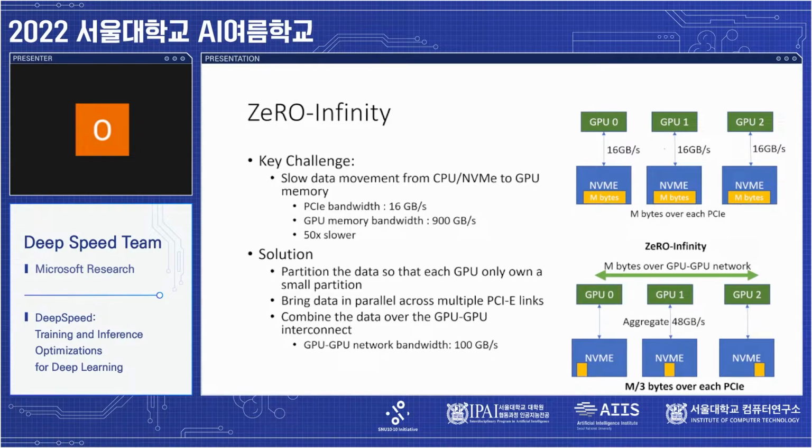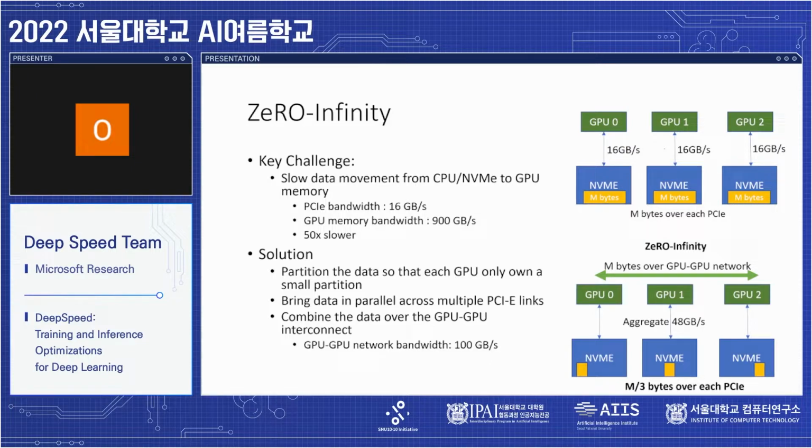The solution we use in ZeRO-Infinity is that we partition the data so that each GPU in the data parallel training will fetch only a partition of the model states from NVMe or from CPU. On a single node, we can get up to an aggregate of 48 gigabytes per second of NVMe bandwidth.